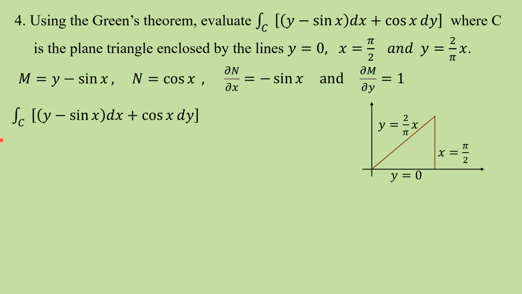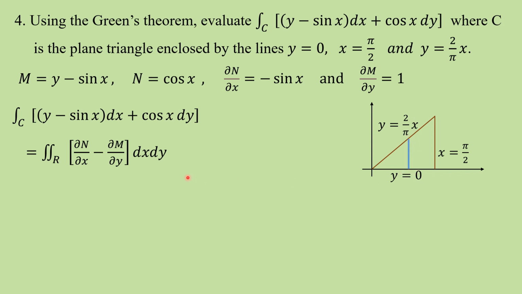So now your line integral becomes, applying Green's theorem, the double integral over the region R of dou n by dou x minus dou m by dou y, which we have already found, but now we need the limits for x and y. Either you can integrate with respect to x then y, or y first, x next. I have taken integration with respect to y first, so that means along a vertical strip where x is kept constant.